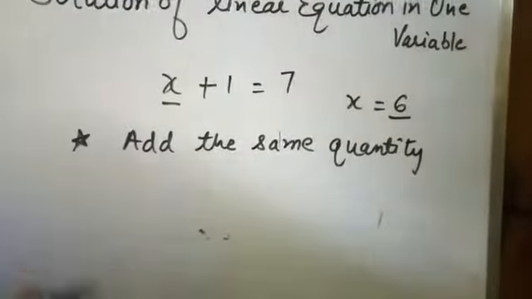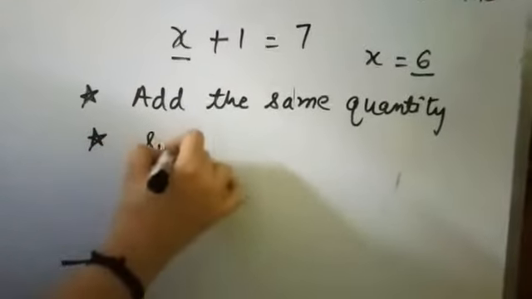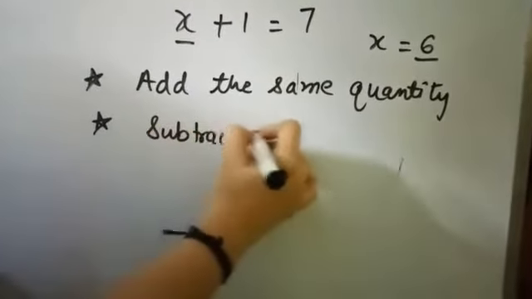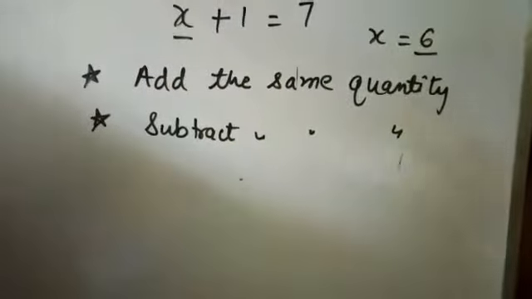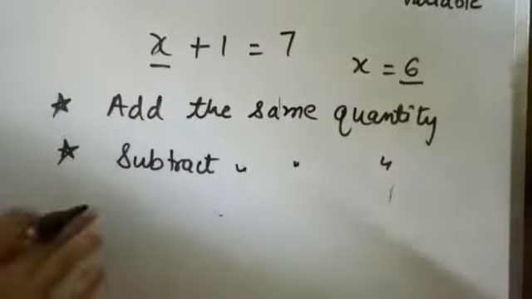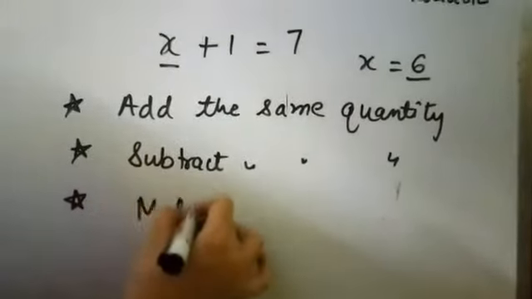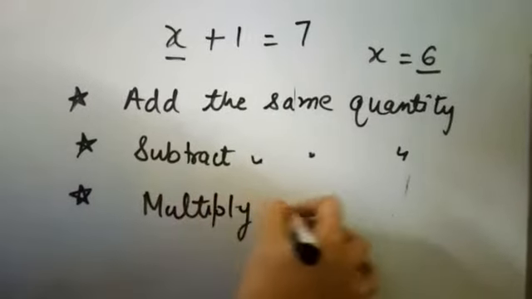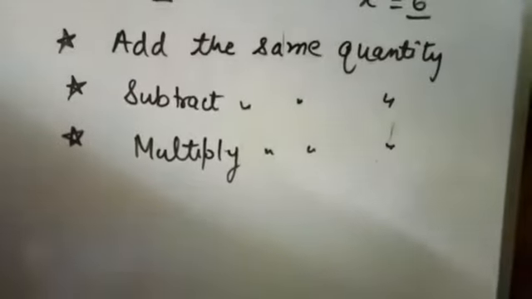Now next, subtract the same quantity from both sides of the equation. That will also not affect the equality of this equation. The third, multiply both sides of the equation by the same non-zero number.